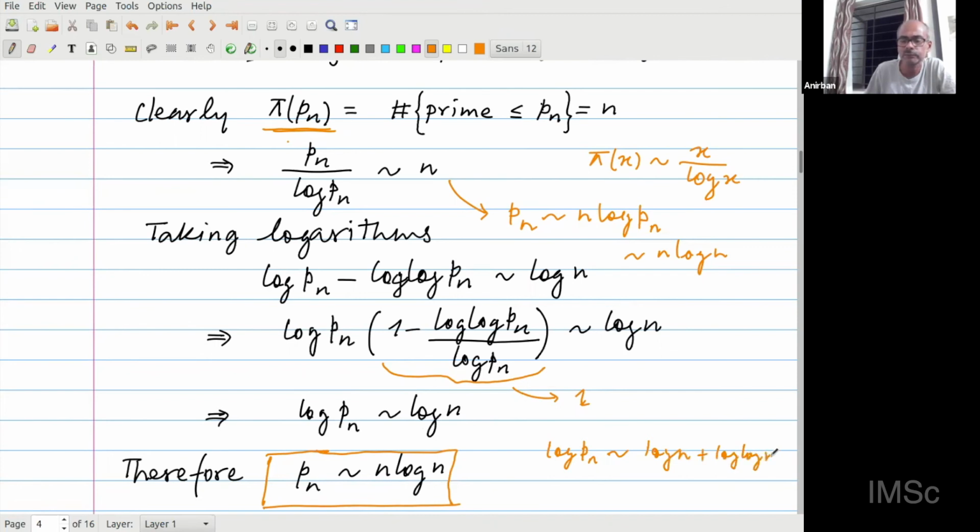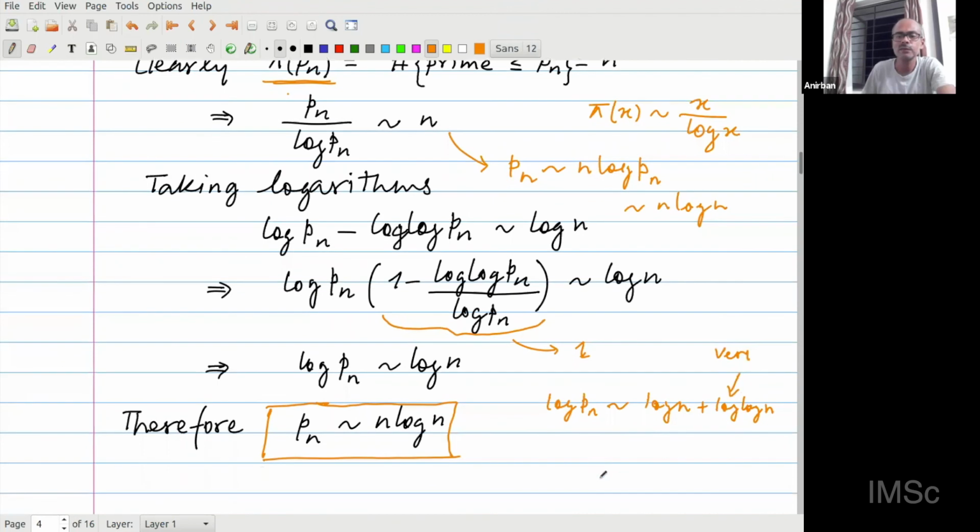And double log is very small, so much smaller compared to log n. If you want to say more precisely, double log of n by log n is going to go to 0 as n goes to infinity. So Pn and n are not really close, but their logarithms are close.